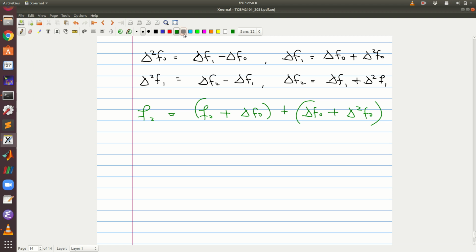If we would like to verify this, we can just try expansions here. Let us expand this and see whether on the right hand side we also get f2.